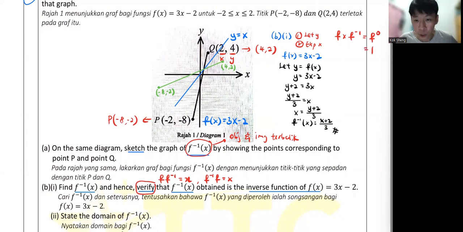So yes, we have to do that to verify that f negative 1 is the inverse. When they are composed together, they cancel out and only leave x. Understand now how to verify? You need to find both. No wonder it's 8 marks.